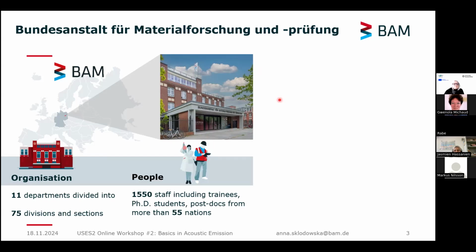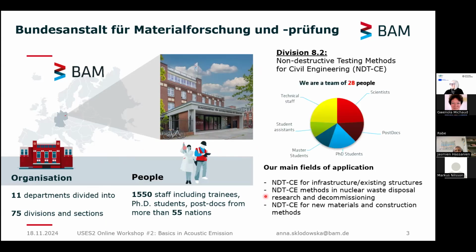These are the information from our official information center. We have around 1,550 people, including trainees, PhDs, students, postdocs, from more than 55 nations. But I'm in division 8.2, whose head is Ernst Niederleitinger, whom you probably know.